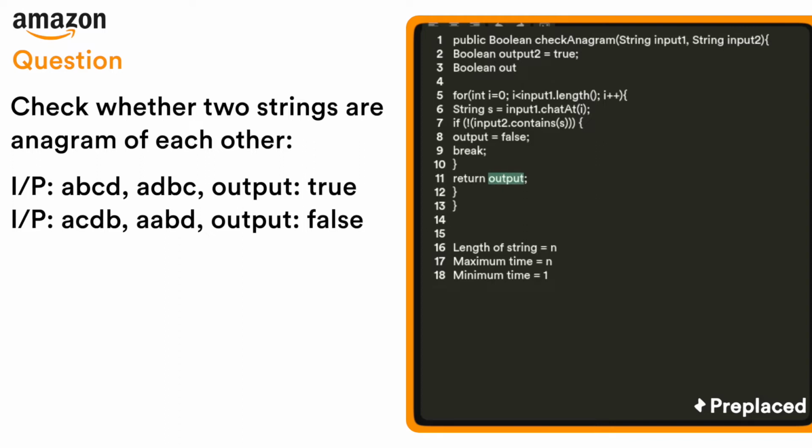String has some functions. If character at I, or if we take two loops here, I and j, then I will put it as output one and output two.